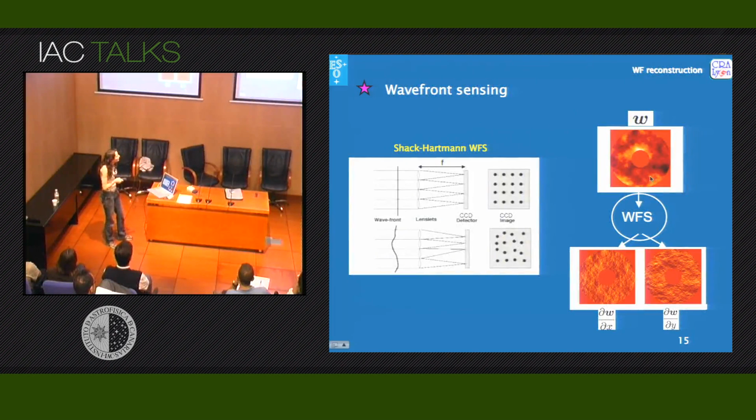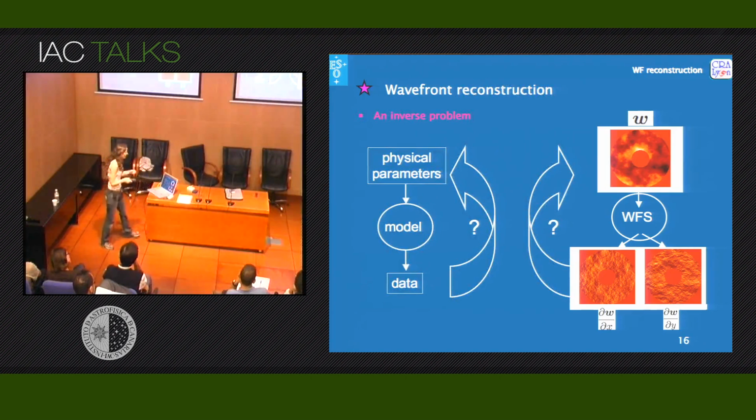You have the displacements in X and Y locally. And from your data, you want to reconstruct the physical parameters, which are all these perturbations. So this is an inverse problem. From the data, you have a model of your wavefront sensing process, and you want to recover the physical parameters.